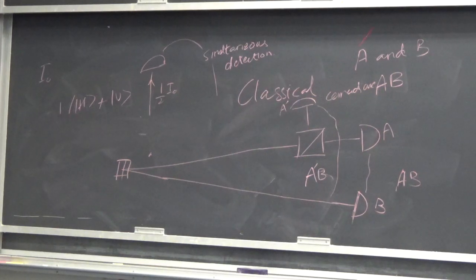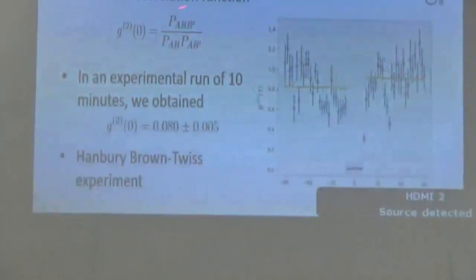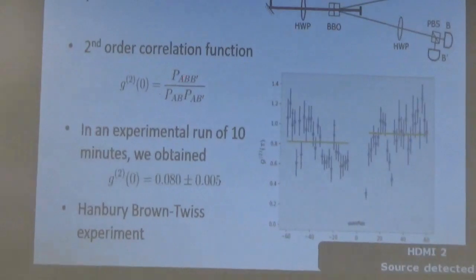If we run this statistical test on these photons, the numbers that we get, you see that this numerator will be a very, very small number, and it's an accidental event if this count ever happens.